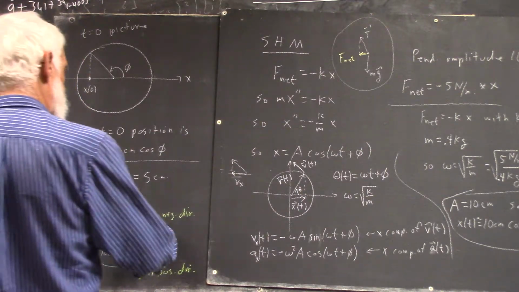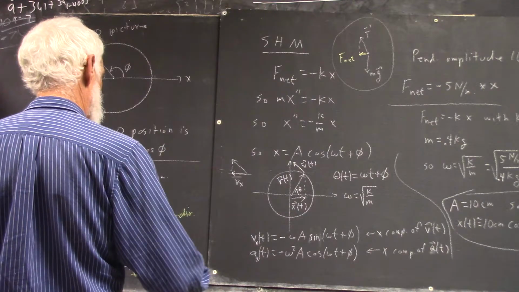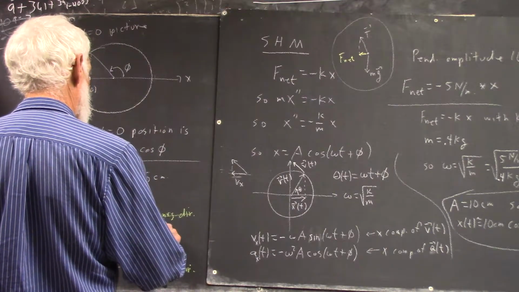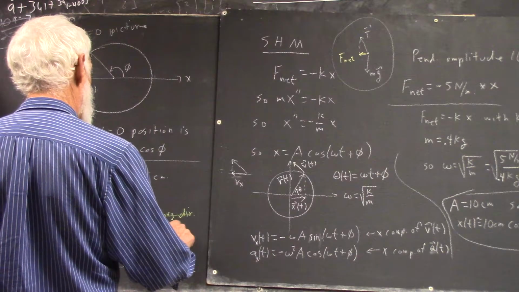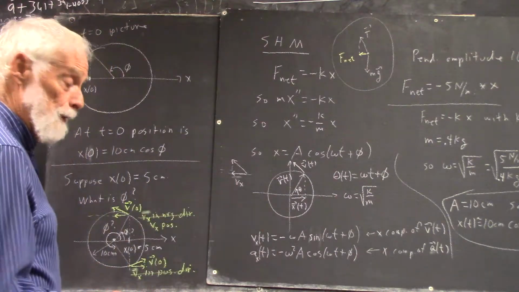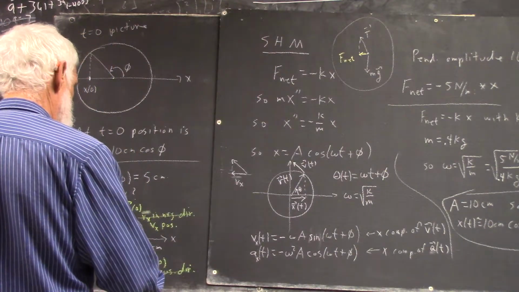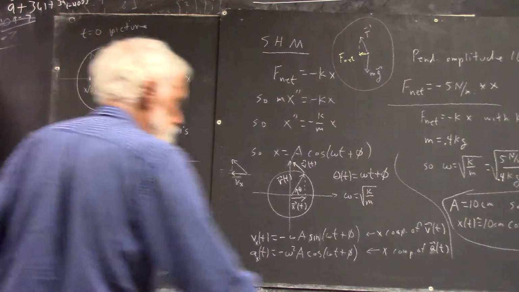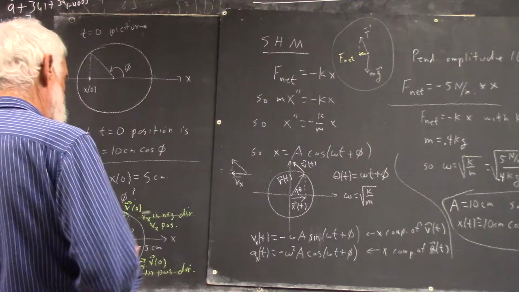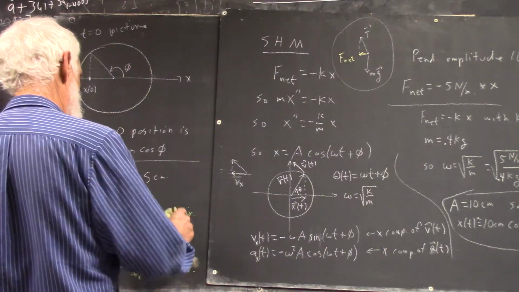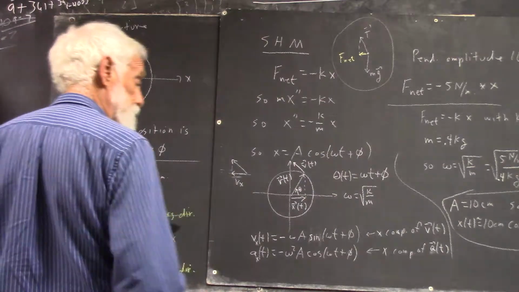So I'm going to kind of cross out that statement. I didn't quite use the right words. It's motion that's in the positive direction. And here Vx, yep, it's negative.